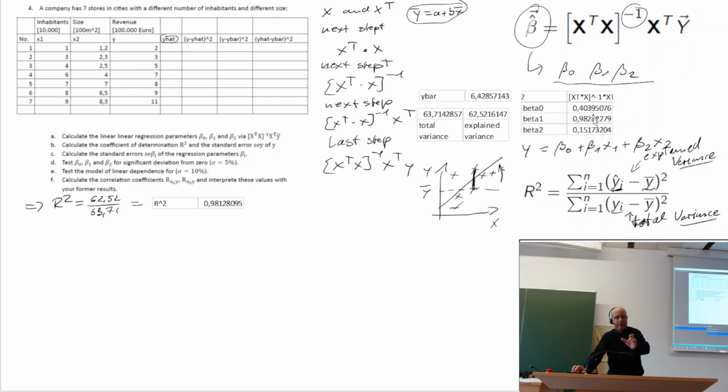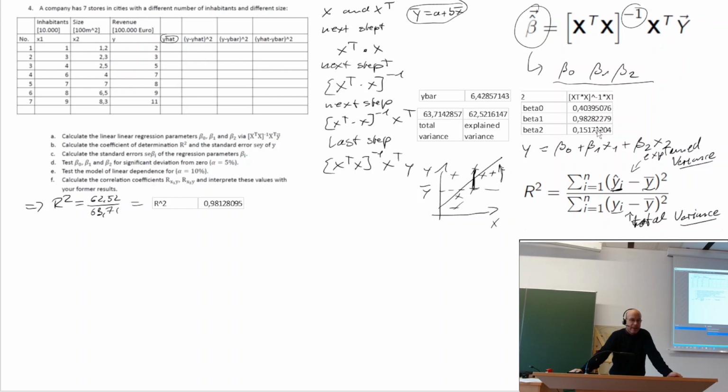So moving to a city with 10,000 more inhabitants would then mean my revenue is increasing by 10,000 euros, but only from a descriptive interpretation.